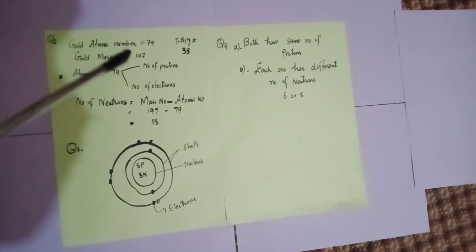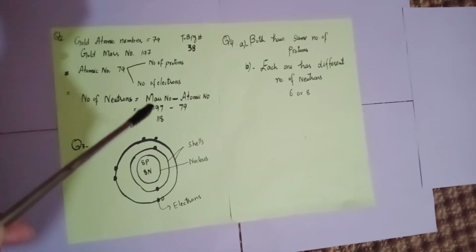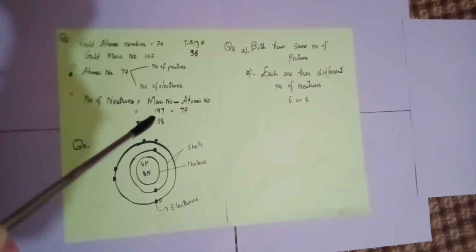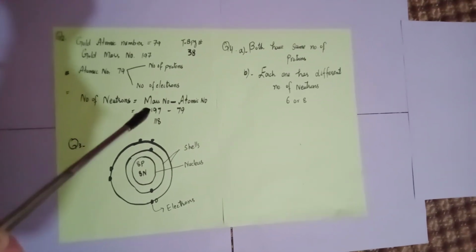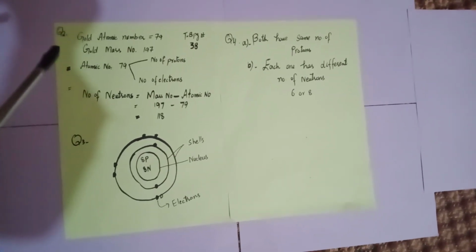Mass number is 197 and atomic number is 79. So there would be 118 neutrons in gold.